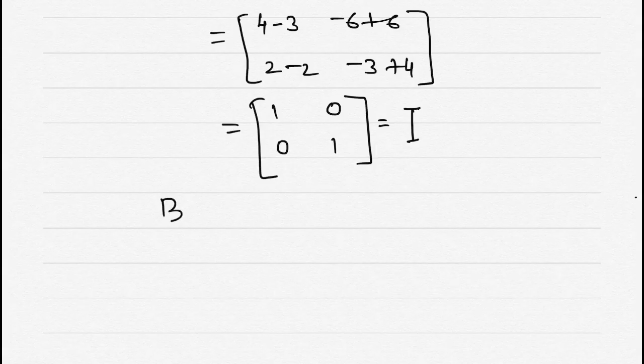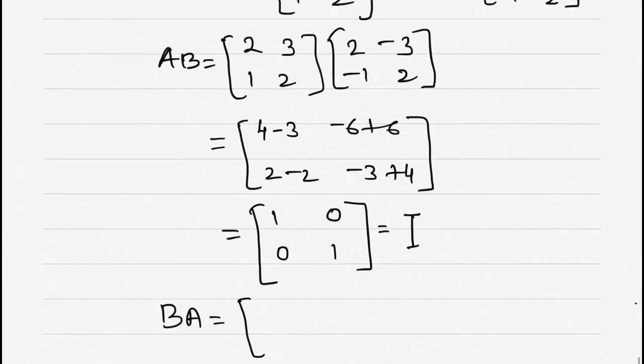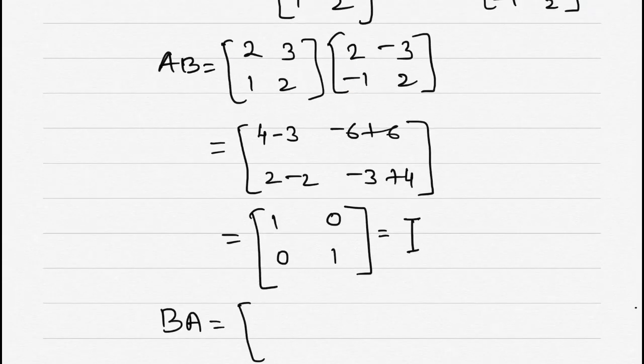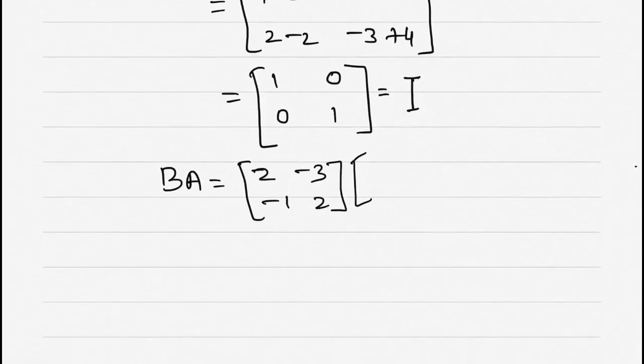Let us find BA here again. B is 2, minus 3, minus 1, 2. A is 2, 3, 1, 2.